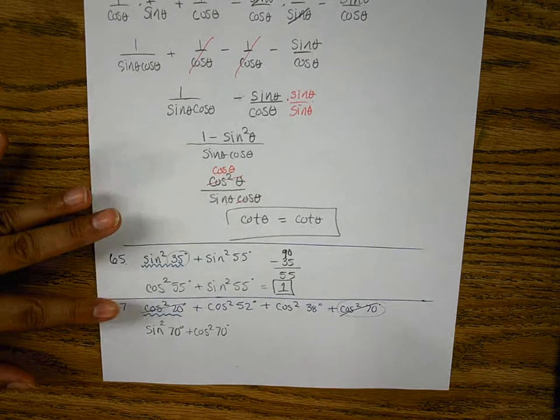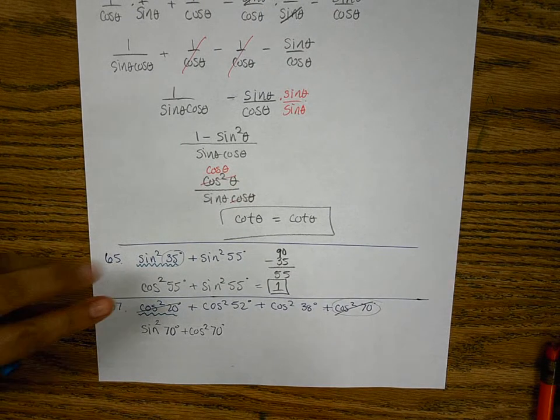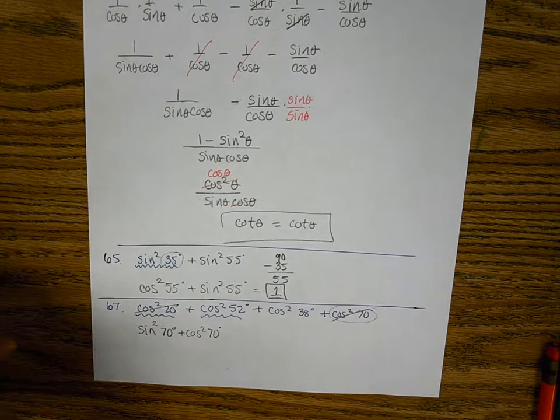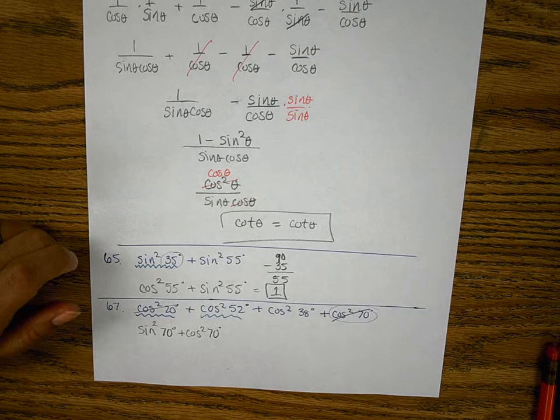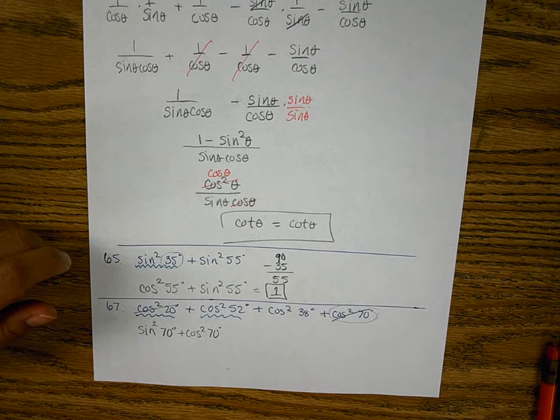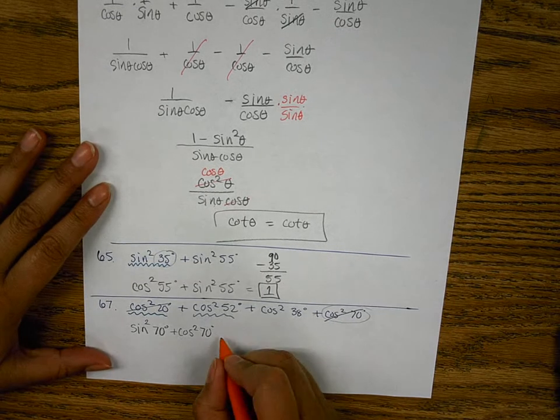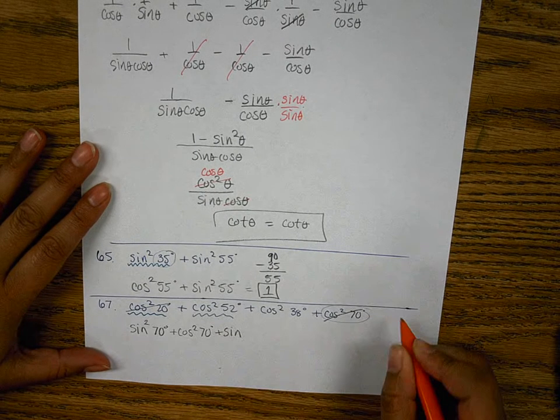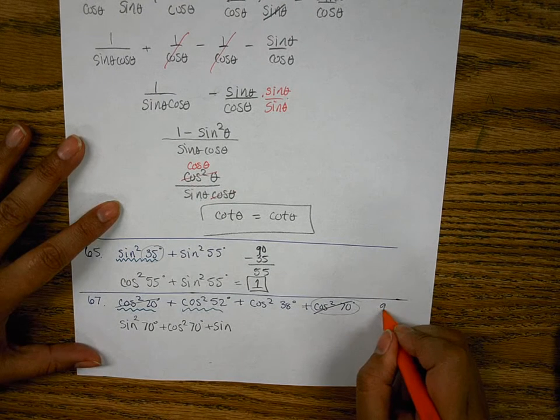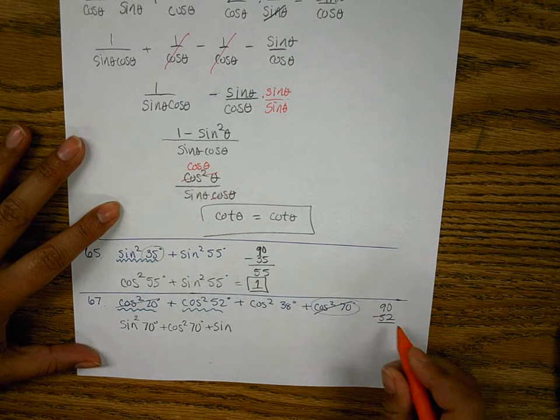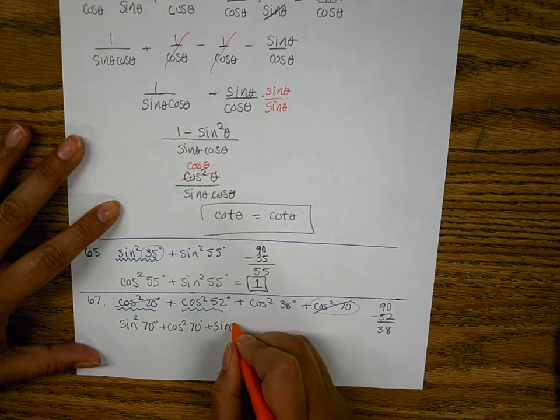That one's gone. Pick another one. It doesn't matter which one. I'm just going to pick that one. Cosine's cofunction is sine. You take off the co, so you have sine of 52's complement. 90 minus 52 is indeed 38.